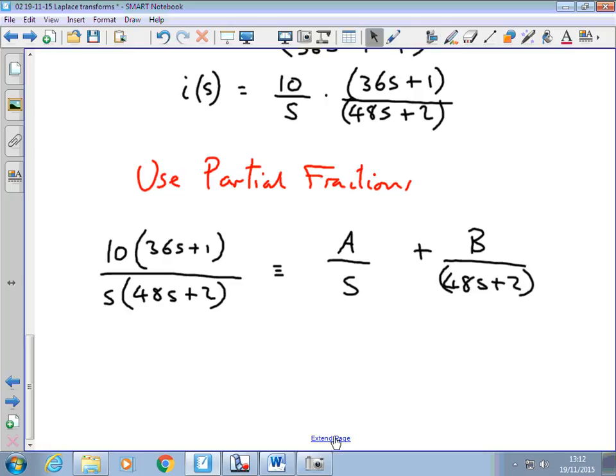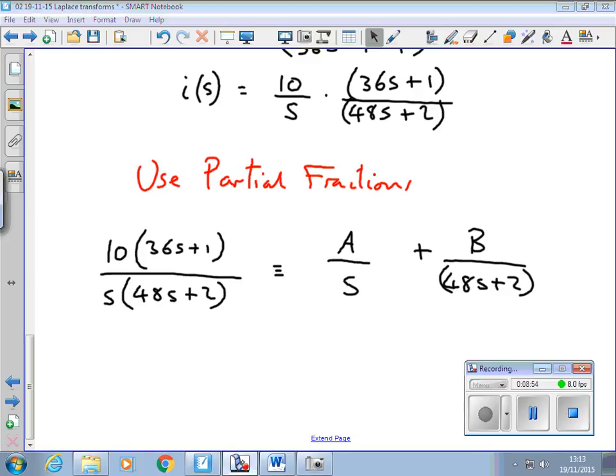I separate it out, and use the method of partial fractions to find out what those values of A and B are. So focus on the right hand side, recombine them, and use the algebraic method that we've learnt for partial fractions to find the values of A and B. I'll just pause this while you do it, and then I'll put the solution up and we'll carry on.